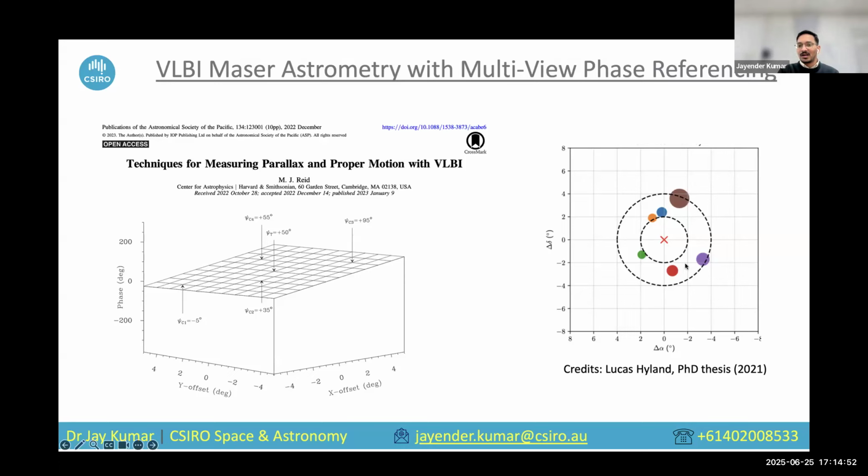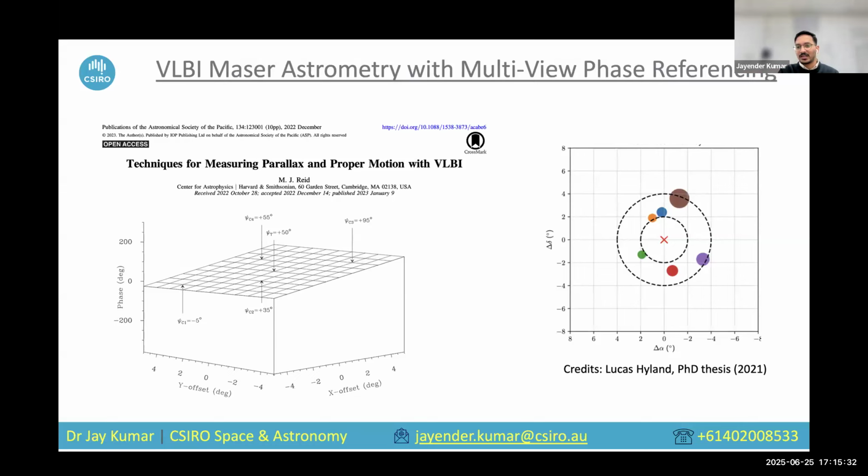So at the center, there's the target, which is one of your masers. And then instead of just having one or two calibrators in a straight line, so that it's easier to calculate phases in a linear way, what we do is try to have more calibrator sources, and I think at 6.7 gigahertz we can go up to different rings.